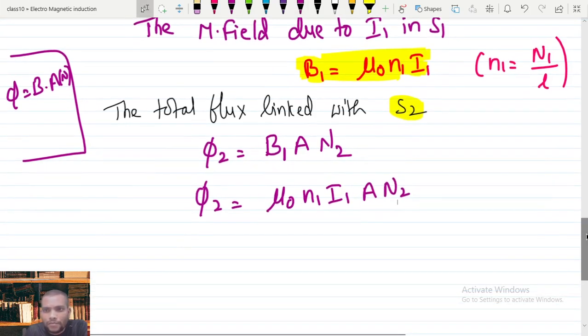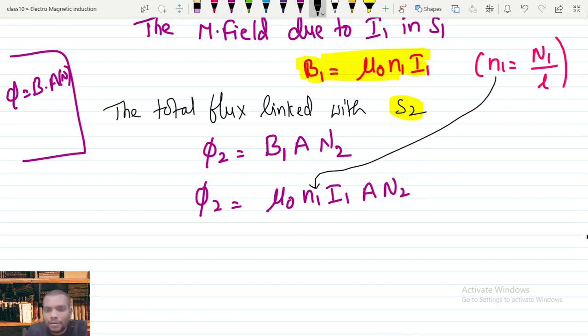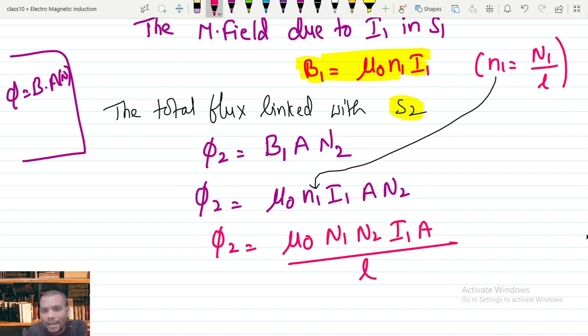Now as usual, if you use this n1 equal to number of turns per unit length, the above expression will change as flux phi 2 equal to mu naught times capital N1 capital N2 times I1 times A upon L. So this is the flux phi 2.